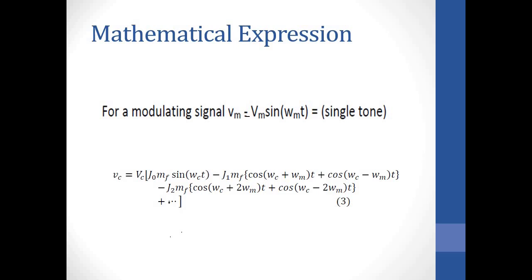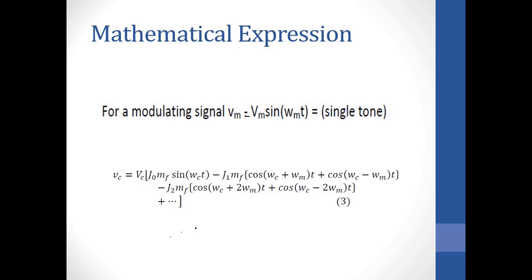And the equation is infinite, which means the next terms are fc plus 3fm and fc minus 3fm. The fourth ones will be fc plus 4fm, fc minus 4fm. This is an infinite equation.